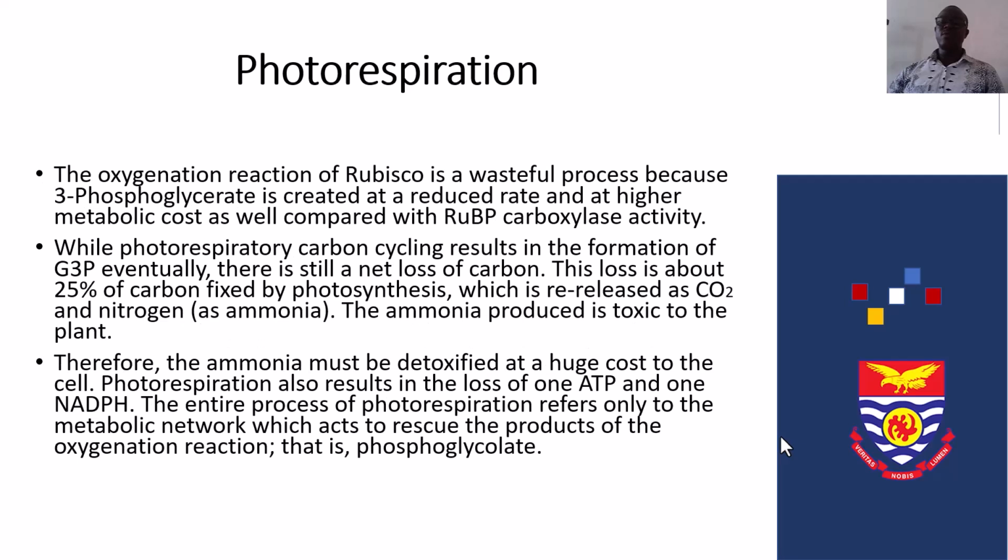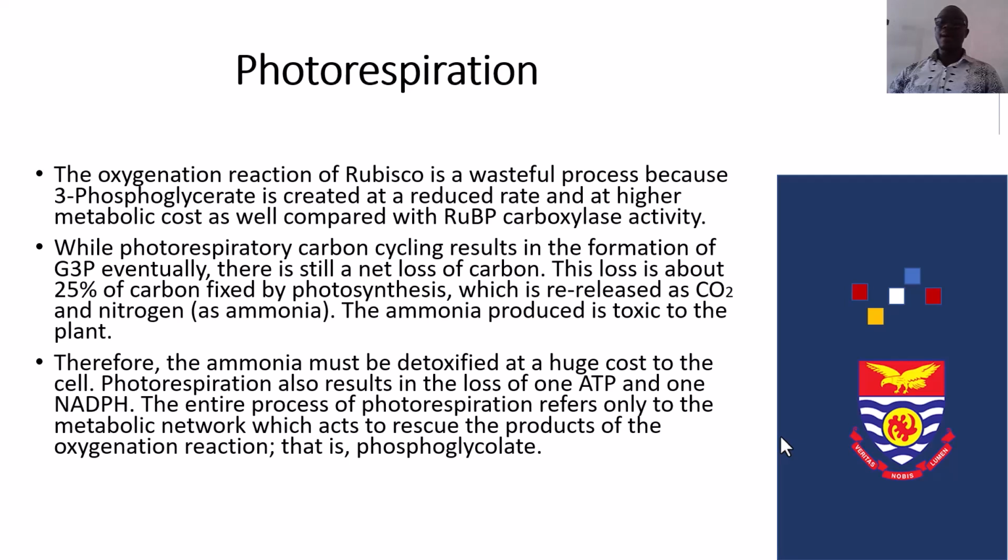The oxygenation reaction of Rubisco is a wasteful process because 3-phosphoglycerate is created at a reduced rate and at higher metabolic cost as compared with the ribulose biphosphate carboxylase activity. While photorespiratory carbon cycling results in the formation of G3P eventually, there is still a net loss of carbon.